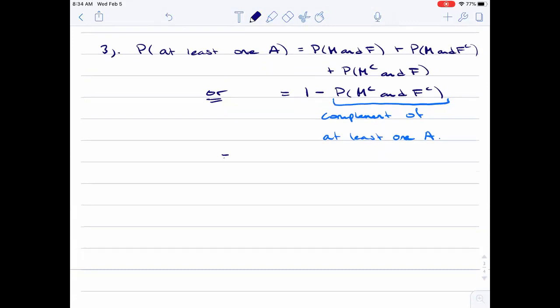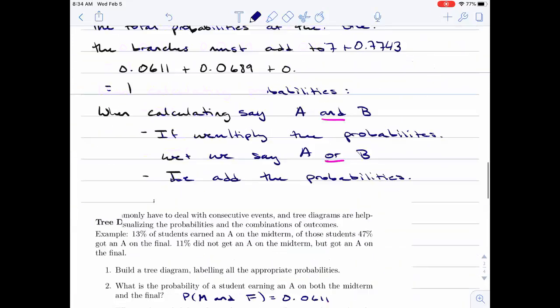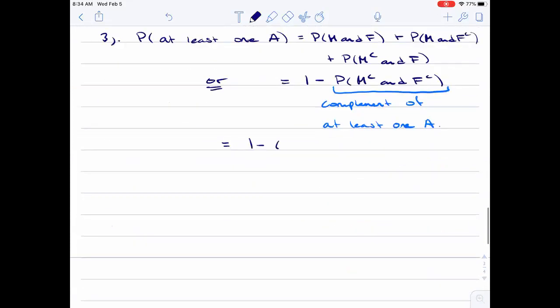Whenever I can, I like to use the 1 minus, less math, right? 1 minus 0.7743. I get 0.2257. It's that probability.